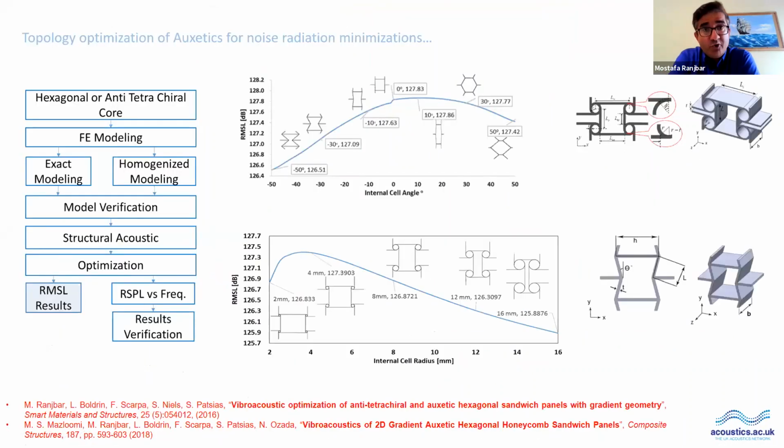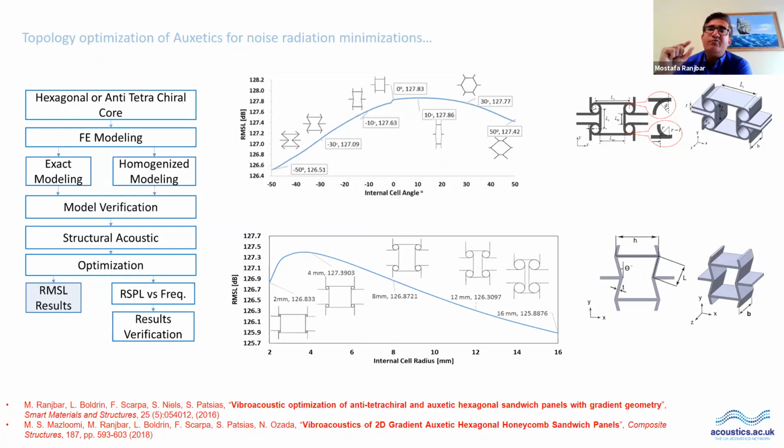If I want to show you how the geometry of one structure is changing and affecting the radiated noise, you can see it here. It is the result of our paper in 2016.